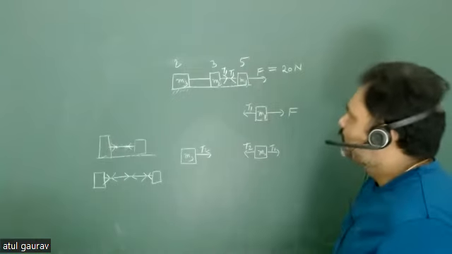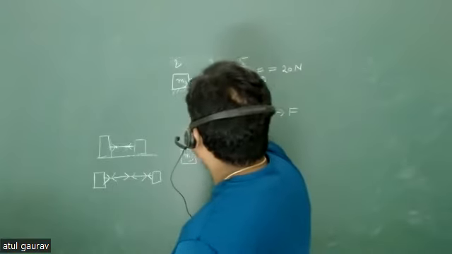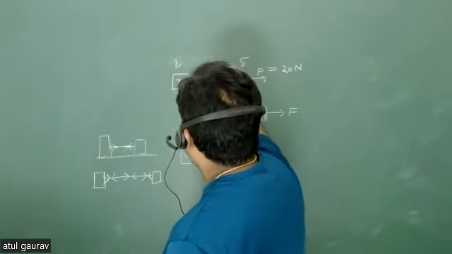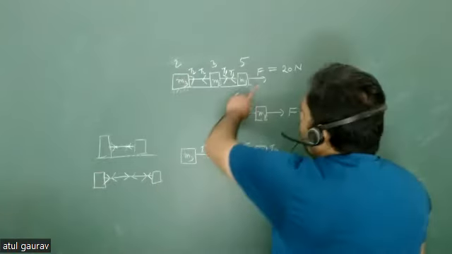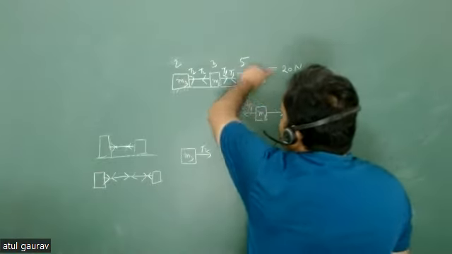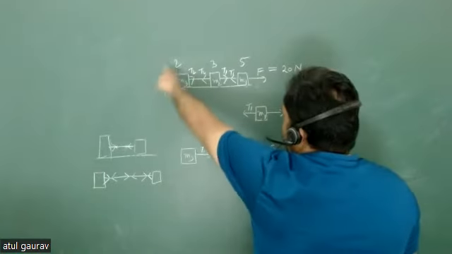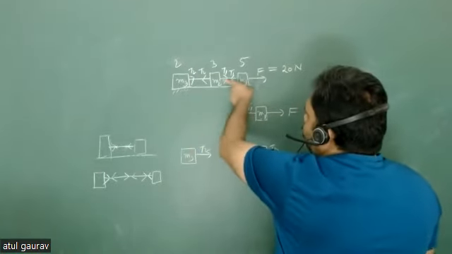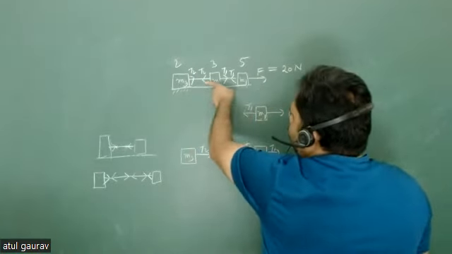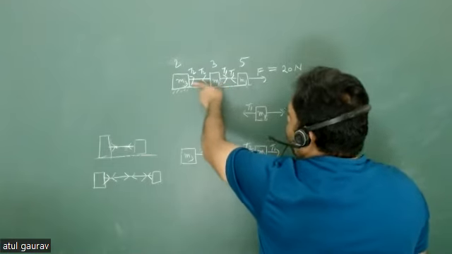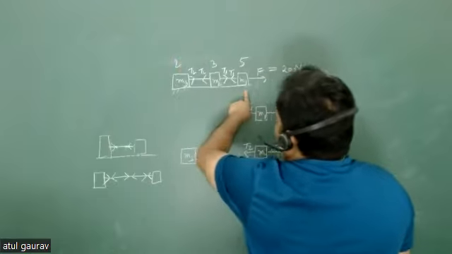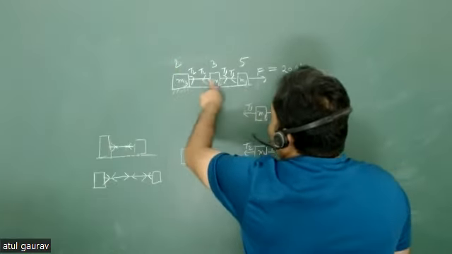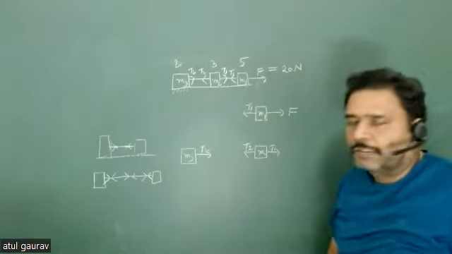And again you can see this tension is T2, this tension is T2. Again you can see, if I am watching this composite system, these two forces are in the same direction and equal in magnitude. So if I am watching the composite system, these forces can be treated as internal forces.